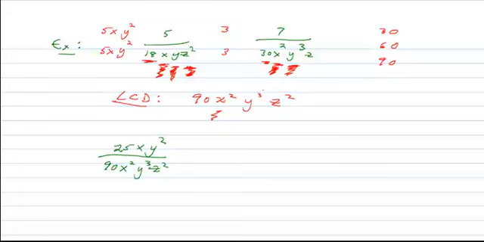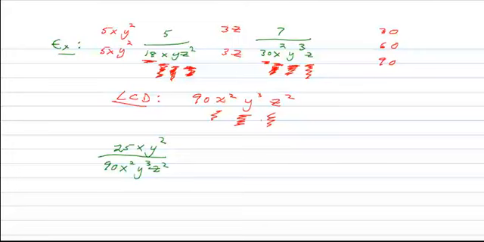I have 3 factors of y here. I need 3 factors of y, so I don't need to multiply by any factors of y. And I have 1 factor of z here. How many do I need? I need 2. So I'm missing a factor of z. So we're going to multiply numerator and denominator by z.